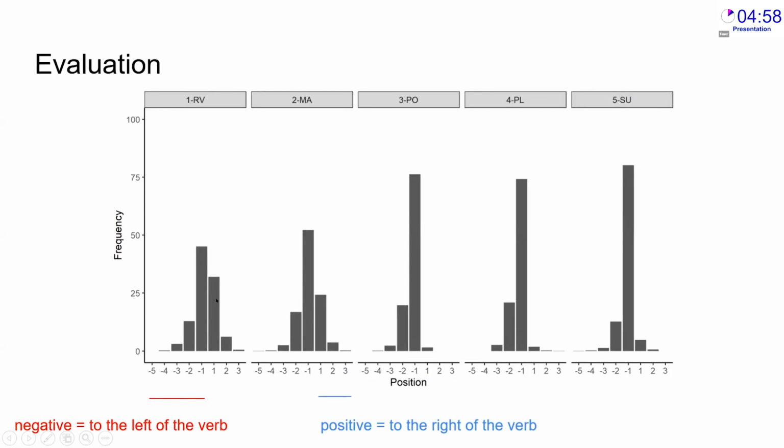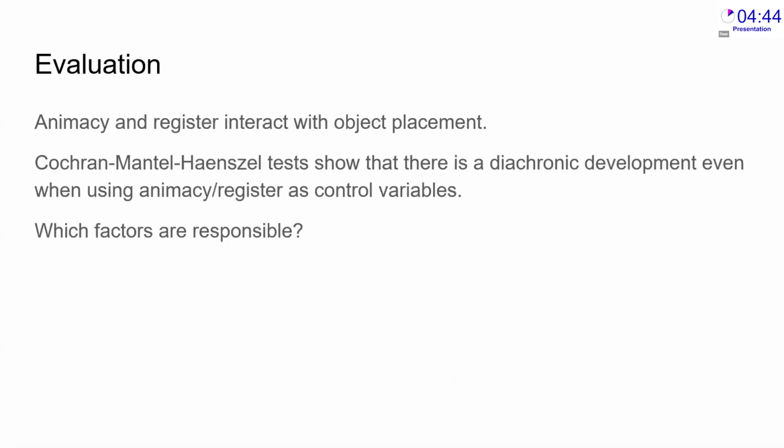So this is most frequent here, gets dispreferred here, and has completely disappeared in later layers. However, this cannot be taken as proof for some kind of diachronic development, as we have not taken possible influencing factors, confounding factors, into account.